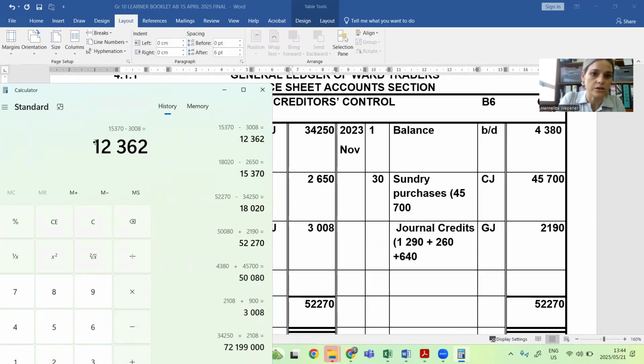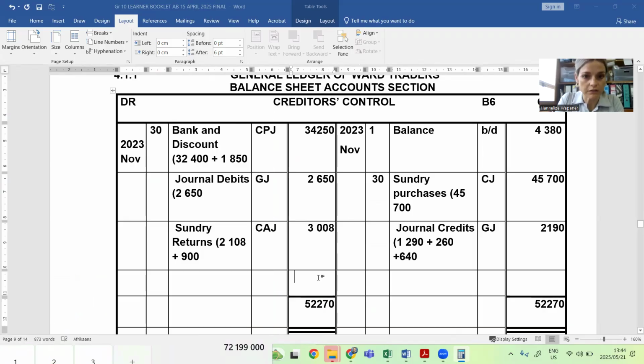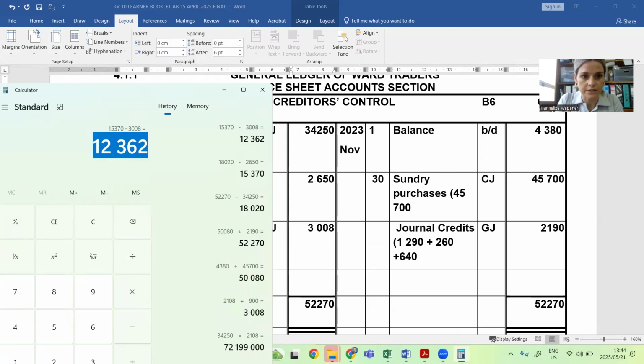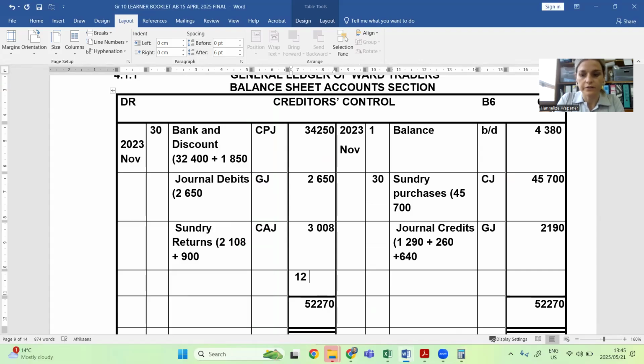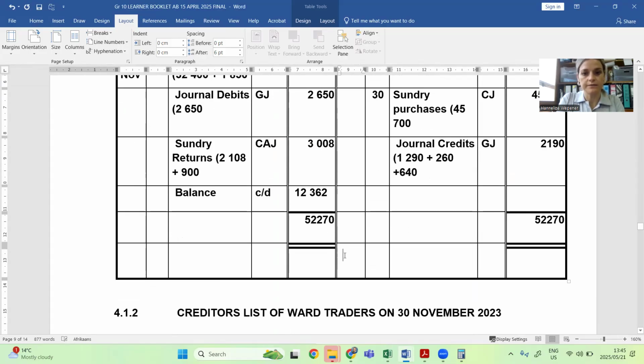So we actually owe our creditors a lot more than what we thought we owe them, I think. Can't even remember what that balance was. 12,362. So that is our balance at year end that we are carrying down.